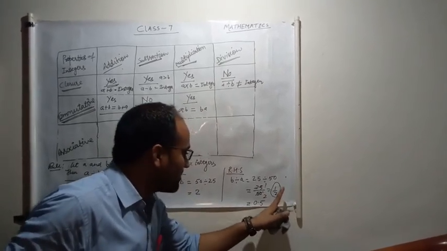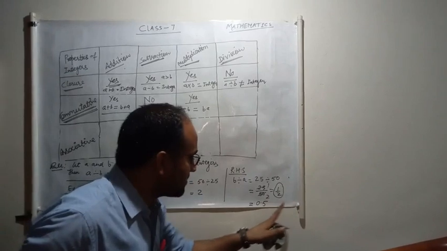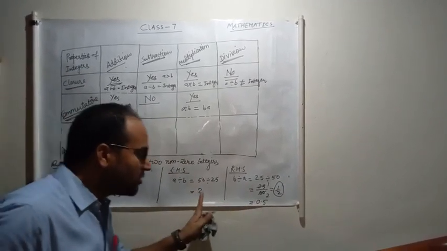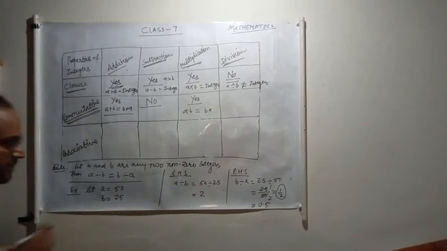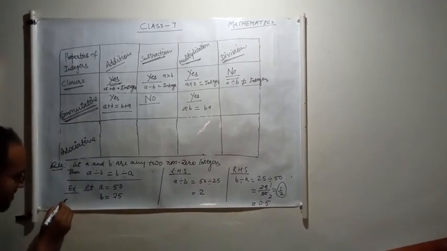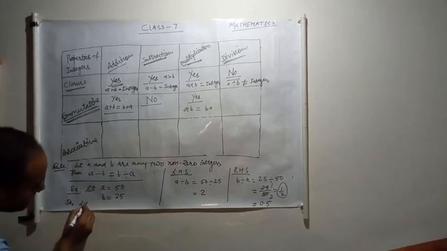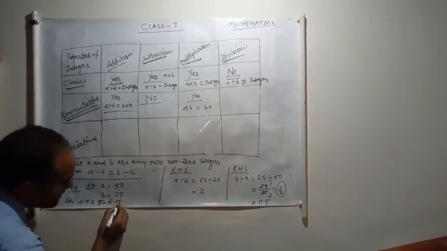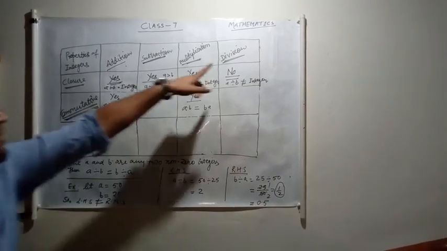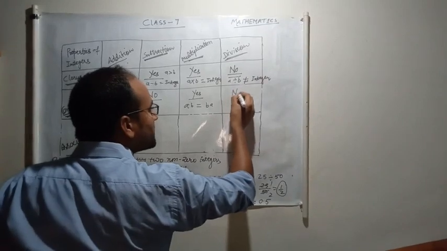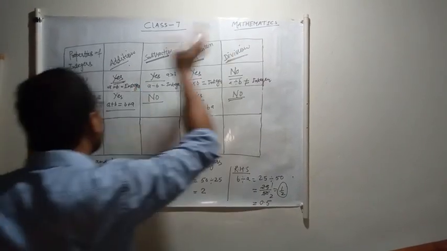It is not an integer. 0.5 is a decimal. It is also not equal to 2. Hence, the left hand side is not equal to the right hand side. It means that division will not hold for commutative. No, it is not going to hold for the commutative property.